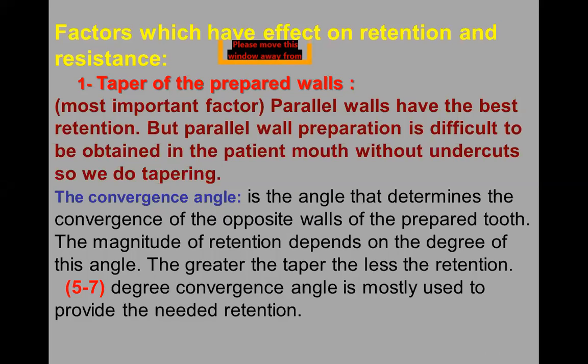It is from 5 to 7 degrees of convergence, and this will give me the required retention of the restoration on the tooth without the presence of undercut. So we shift from parallelism to a slight convergence, or a little taper of the preparation. So, the convergence angle.